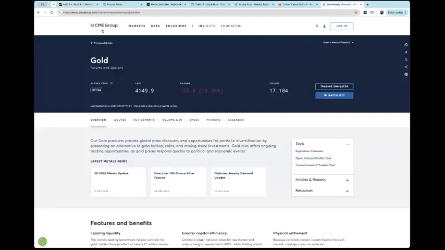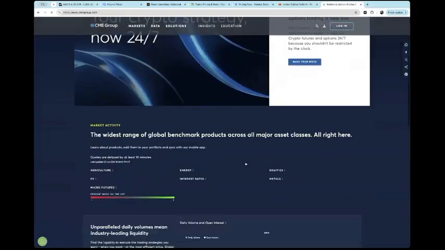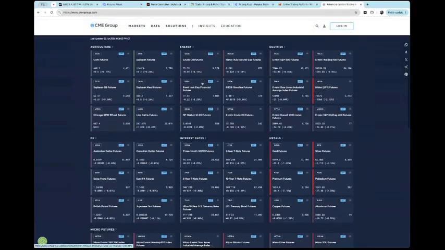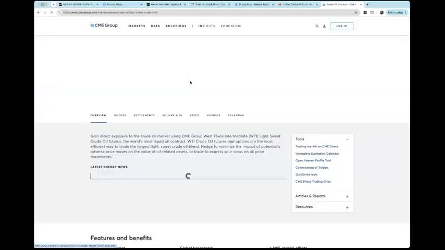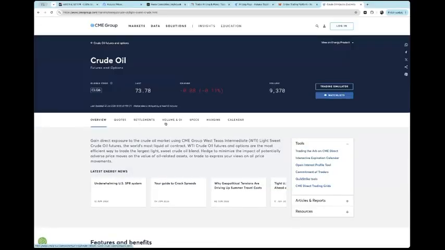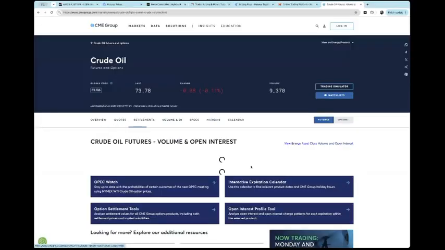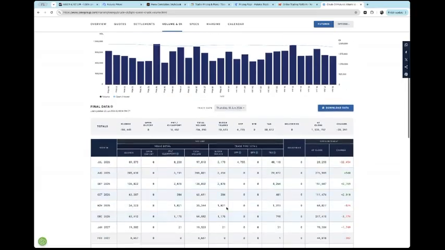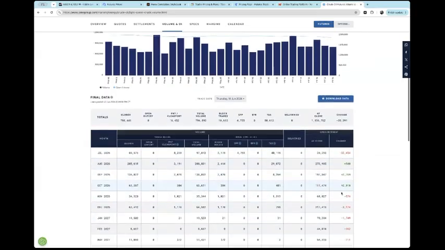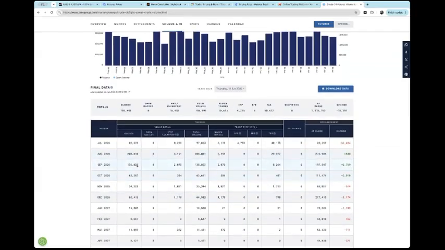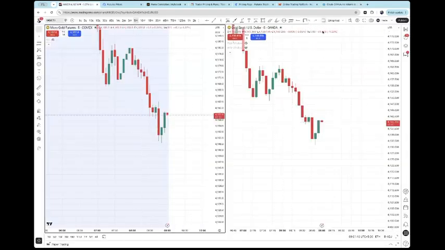This is your CME group chart, and here is equity, and this is crude oil. CLQ6 means people are trading into August and September.